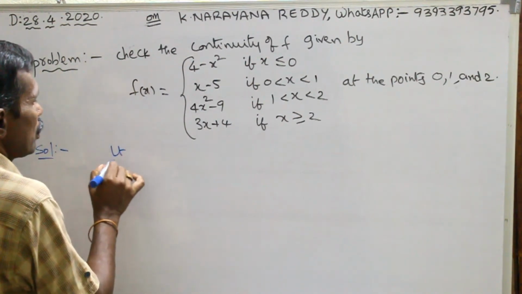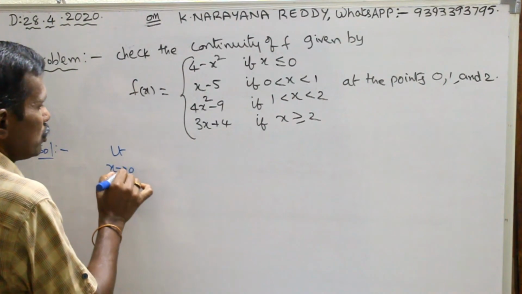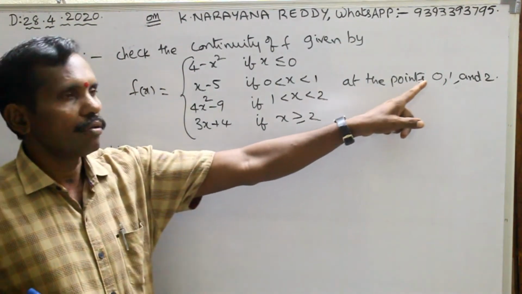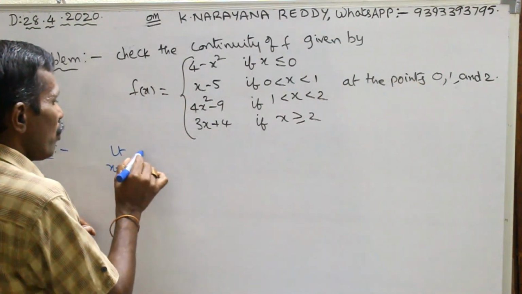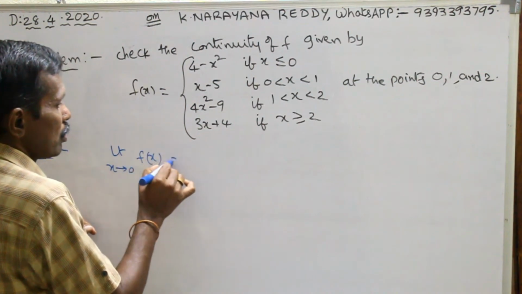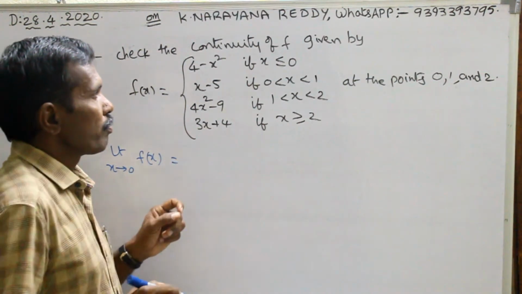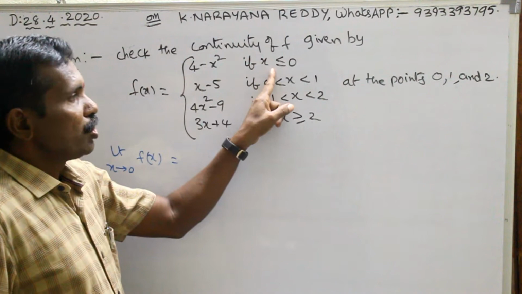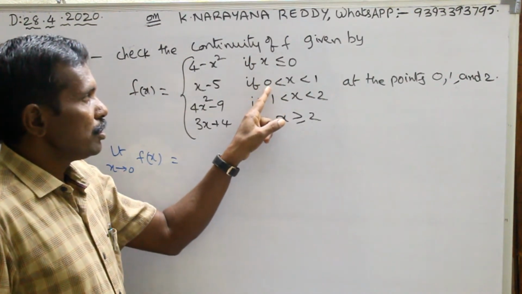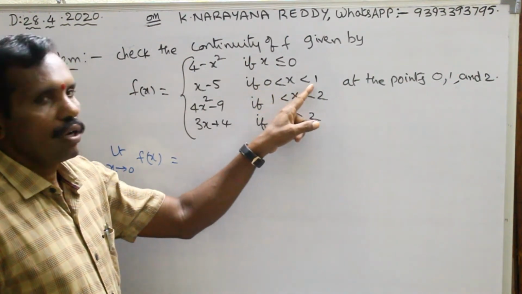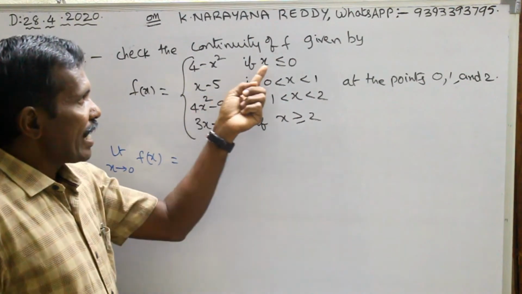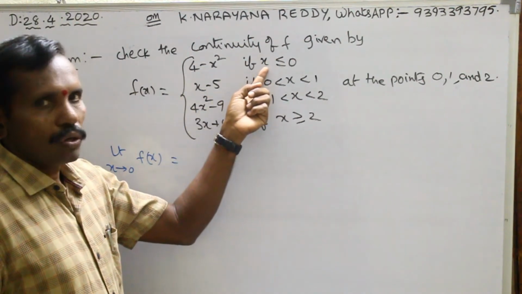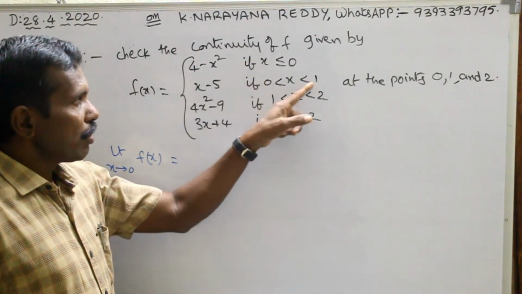So, limit x tends to 0, first value, f of x. What is 0? X less than or equal to 0 is there, and 0 less than x less than 1 means x is not equal to 0.